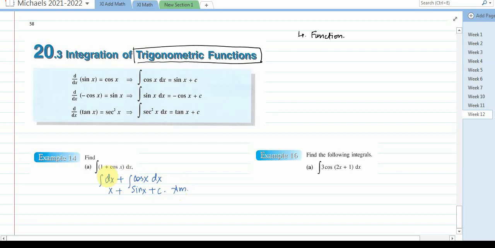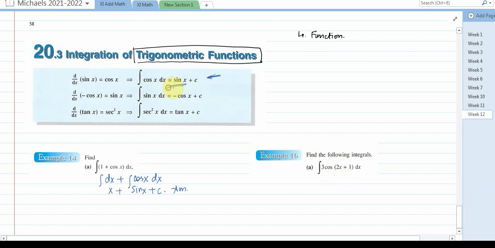It's quite simple. Expand the bracket, find out the integral of these two functions, and the working formula we have right here. Now in my next example we need to integrate 3 cos(2x plus 1) dx. Now listen to me very carefully, because this is quite important. The integral of cos is sine, we know it very well.